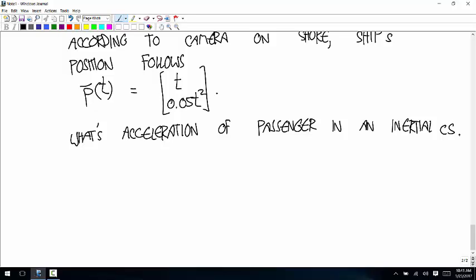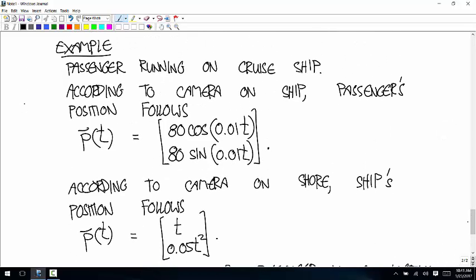Well, why would you want that in the first place? Because Newton's second law relates acceleration to force. So if you're trying to calculate any kind of forces, you need to know the acceleration, or that's a way to do it. But you can't use Newton's second law in an accelerating coordinate system. So the problem is we have an easy way to get the acceleration of the passenger according to the ship.